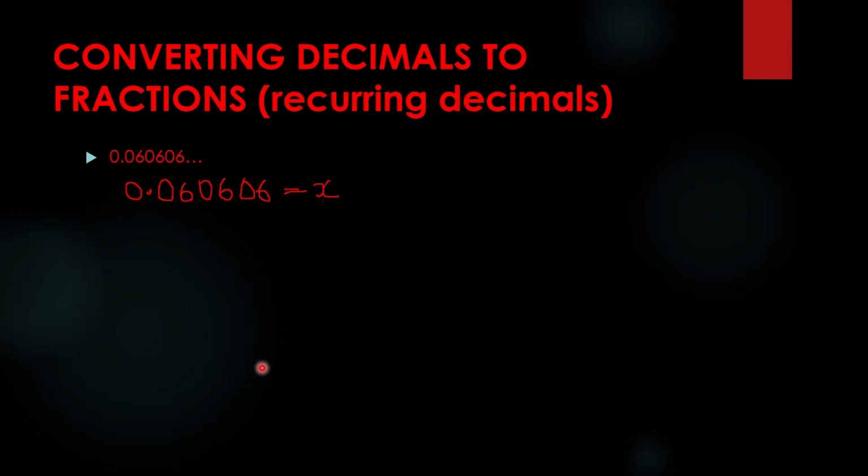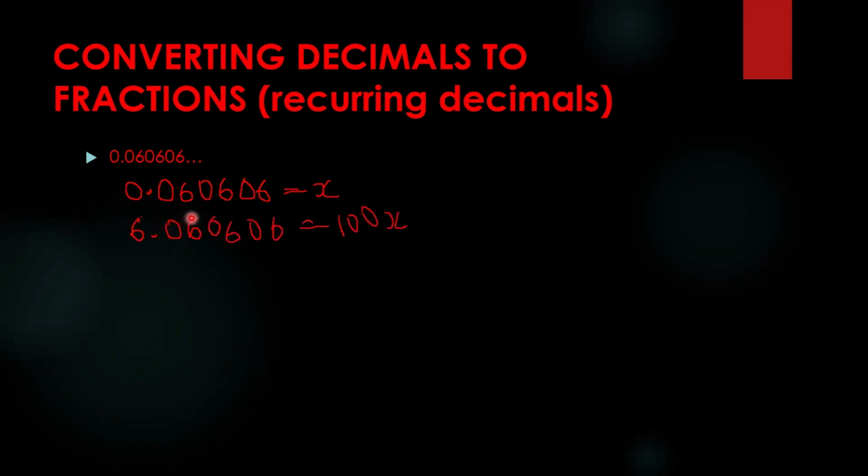Now, because I have two numbers, the 0 and the 6, I'll multiply it by 100, because I want to push my decimal point to the first set of the recurring digits. I want my decimal point to come after the first set of the recurring digits.